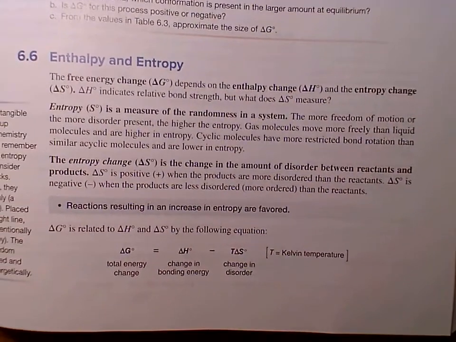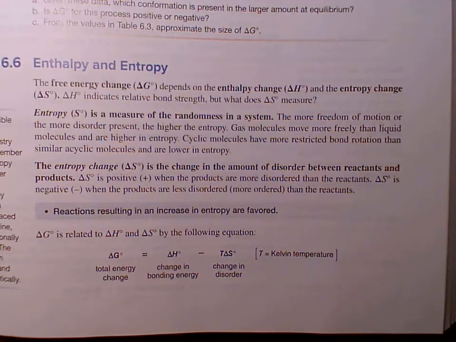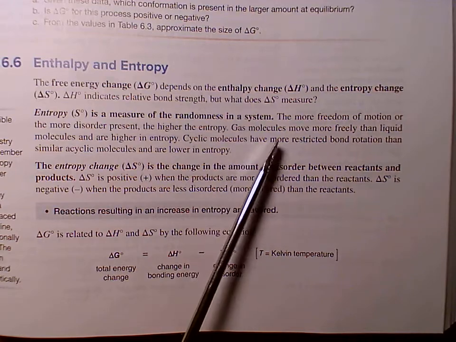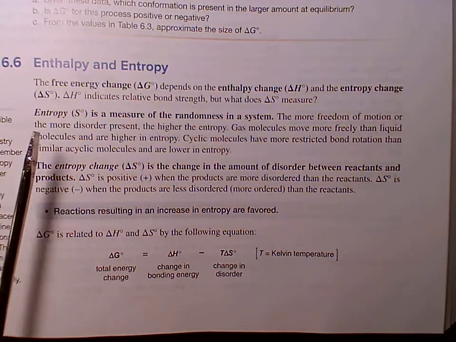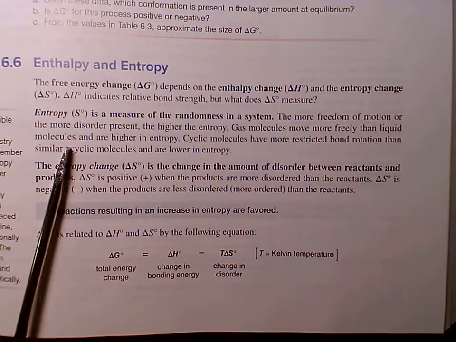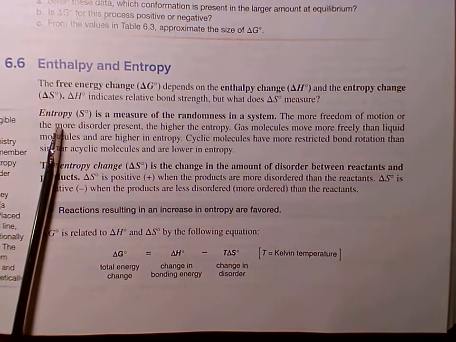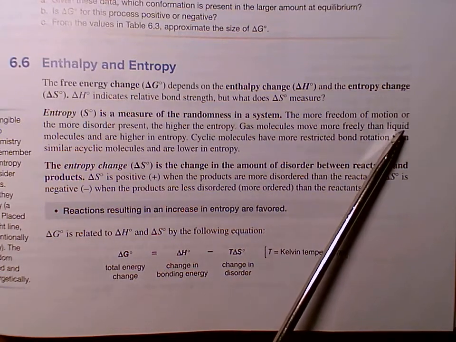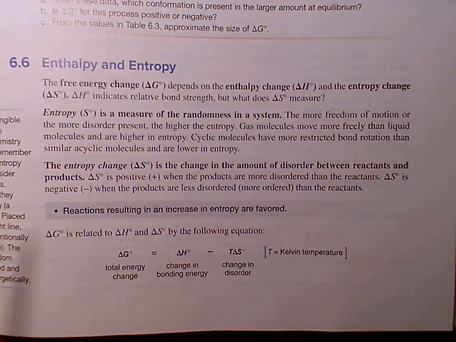Enthalpy and entropy. We talked about enthalpy, the heat of the reaction, endothermic, exothermic. Recall entropy. How random is the system? Recall that nature likes to go towards randomness. So the entropy of the reaction: how random, how many free states, more freedom of motion, more disorder. The higher the entropy, that's the way nature likes it.